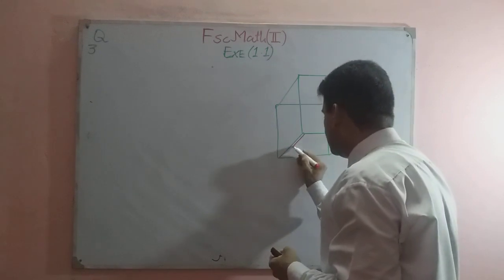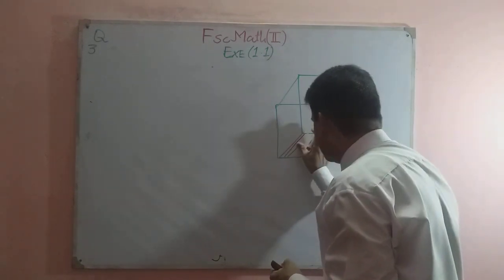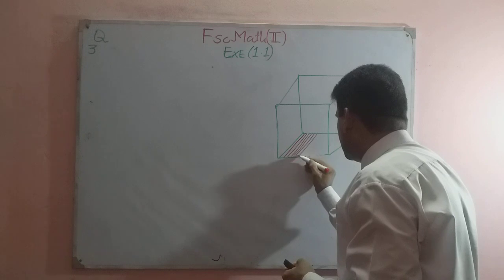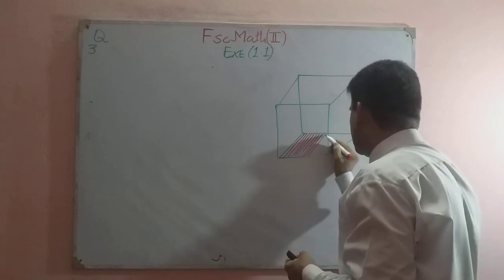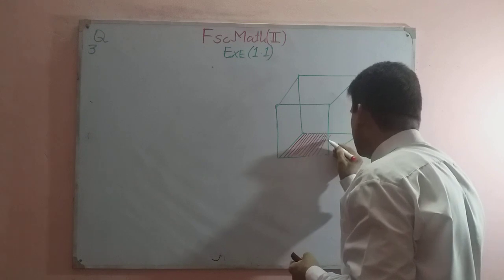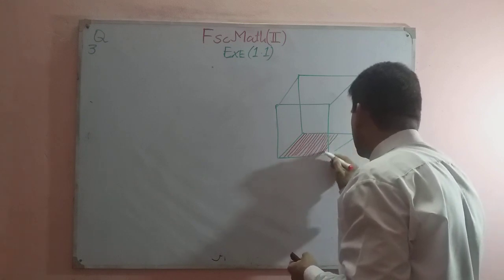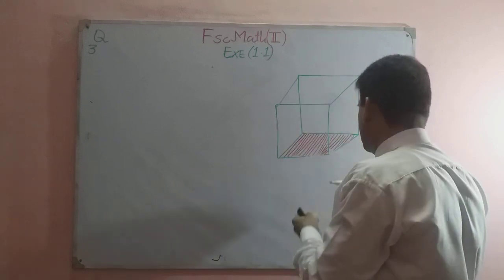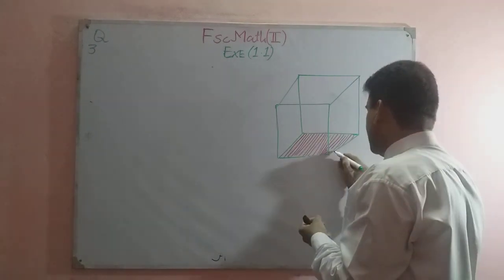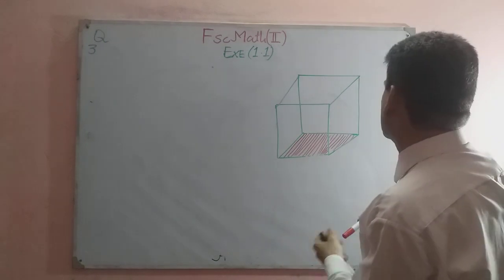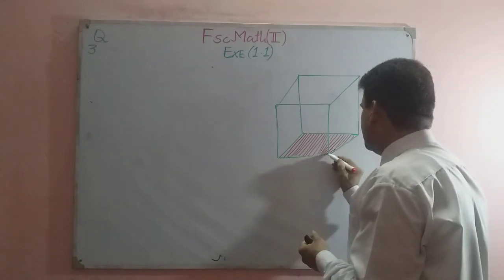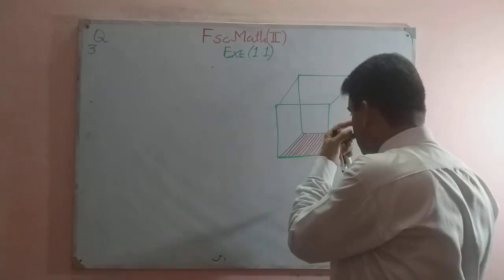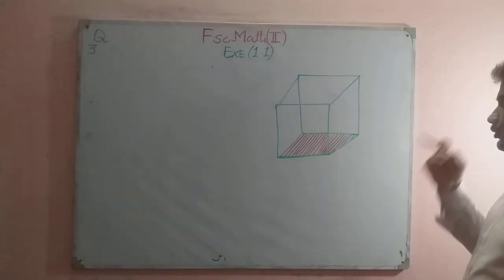I will try to show you by red lines. These red lines show the base of this cube, and the base of this cube is a square, because in a cube all dimensions are equal.